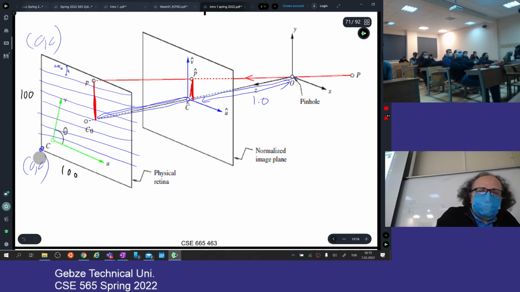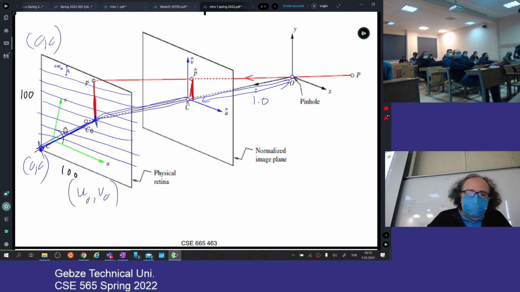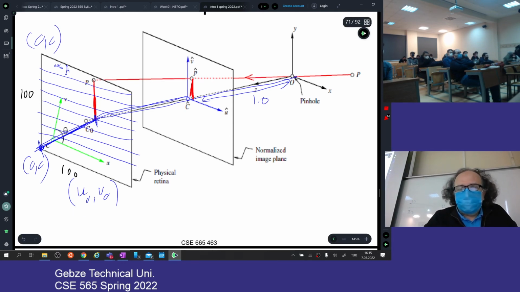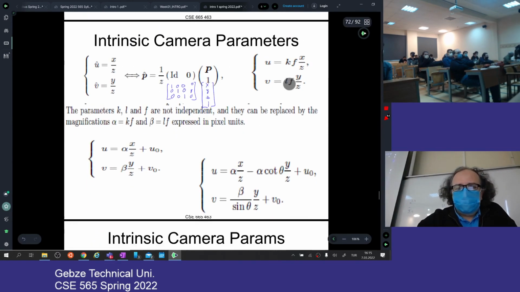If my 0,0 is here, somebody should give me the length of this vector as u0 and v0. Okay? So if this is given, I can add this u0 and v0 to my equation over there, and this is what I would get.